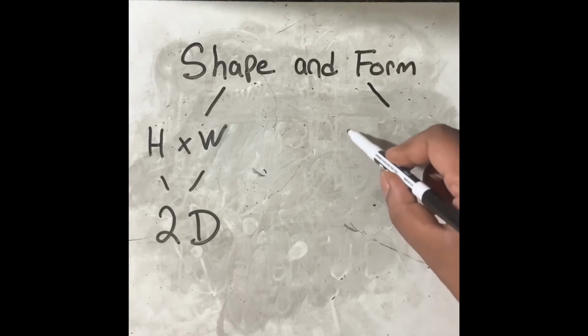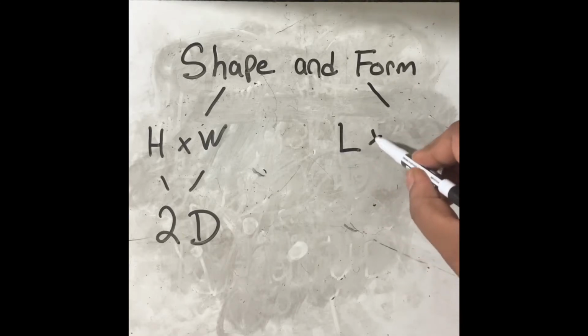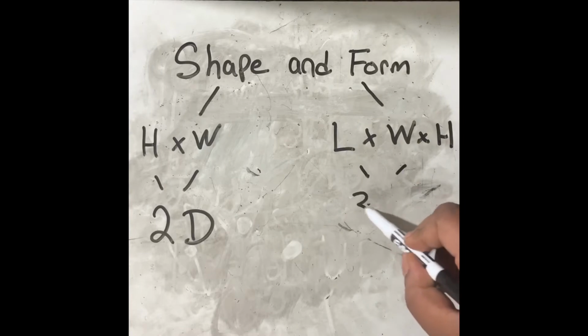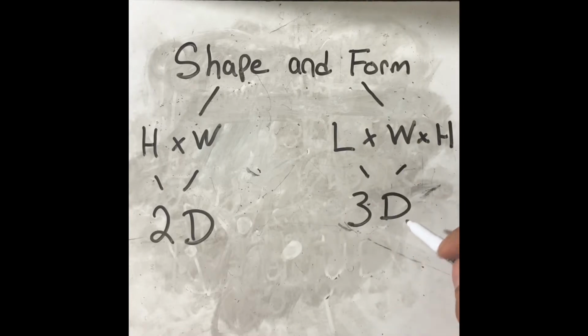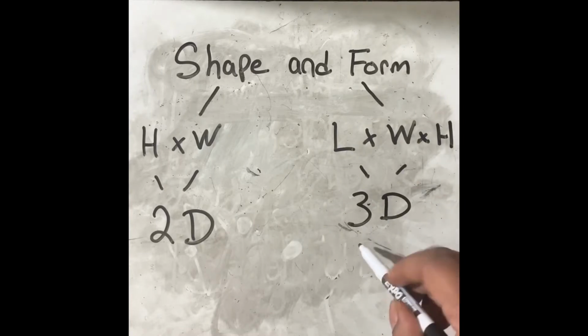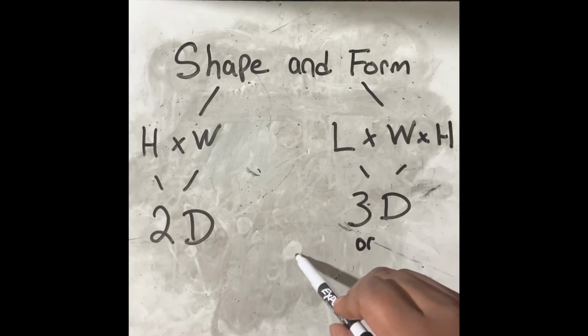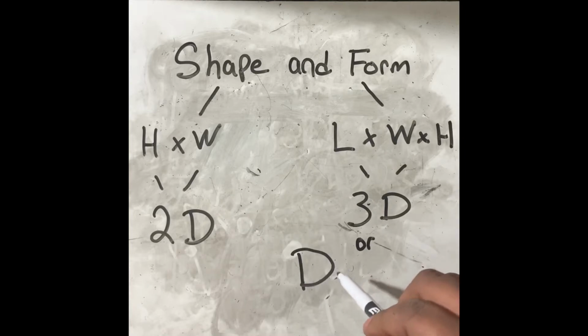Forms can be measured by using 3 dimensions. This makes a form 3-dimensional. When a shape gains a 3rd dimension, it becomes a form, or it has gained depth.